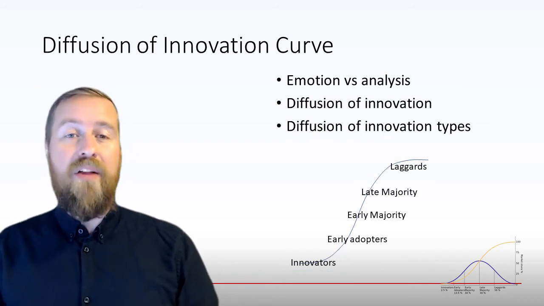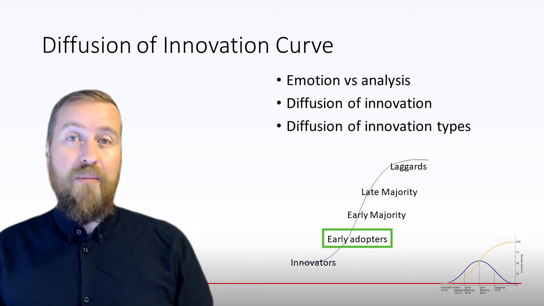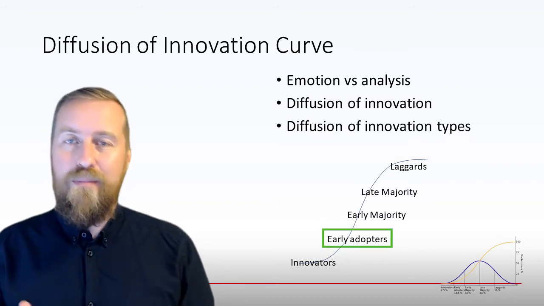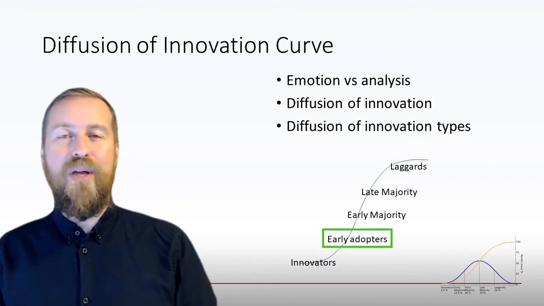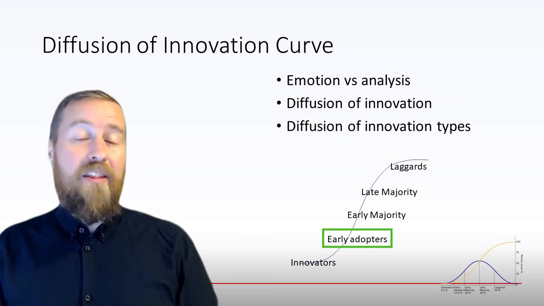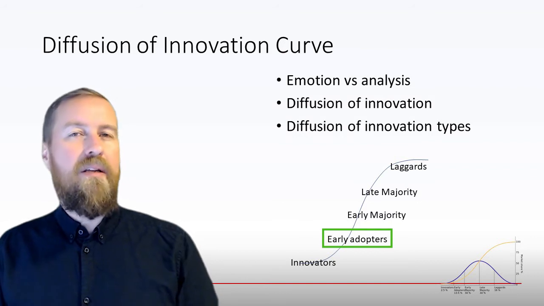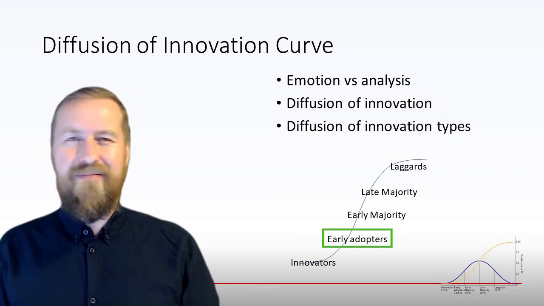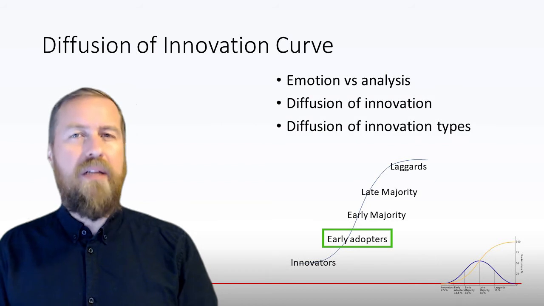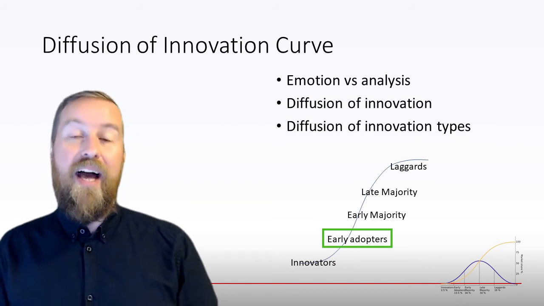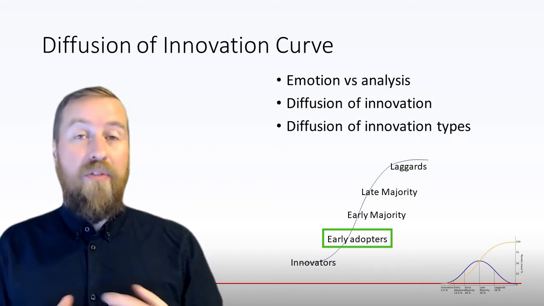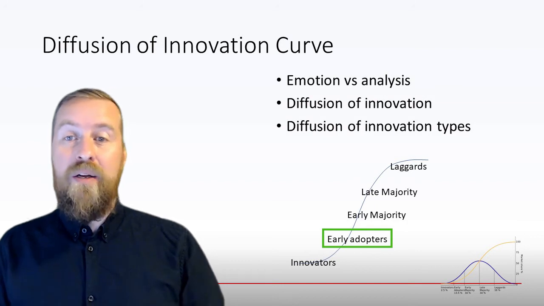The next ones are the early adopters, 13.5% of the total population here. They are the ones who see the idea. They might see the innovators' thought initially as strange, but they'll try it out and find out, okay, this is actually something working.